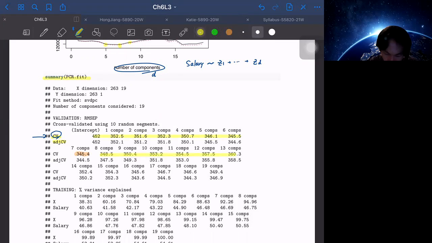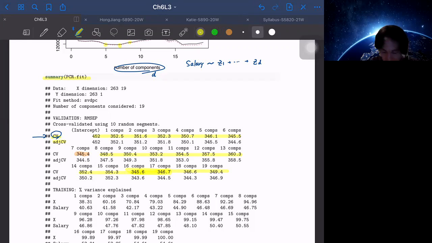Here they are almost similar. But usually, if it's too similar, we would go for a smaller number of components. So I think it's fair to choose 7 components here.